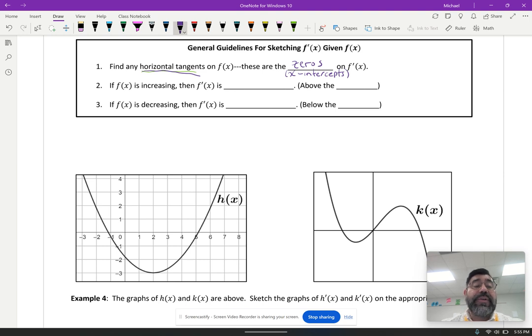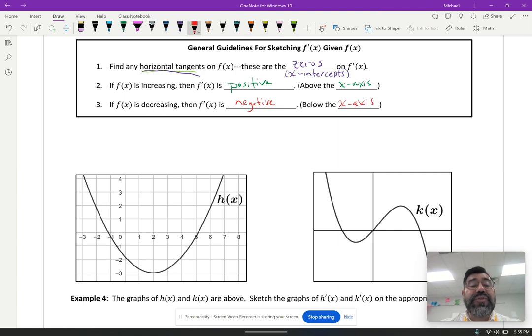We should also remember that if the function is increasing, then f prime is positive, which means the derivative graph is above the x-axis. And if f is decreasing, then f prime is negative, so that part of the graph is below the x-axis.